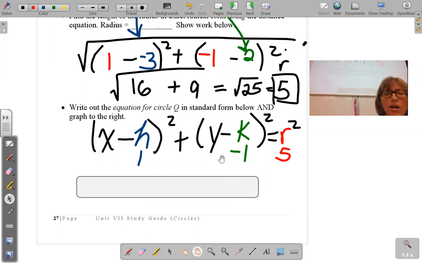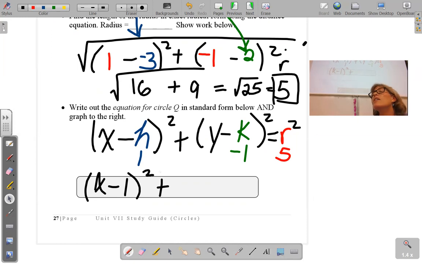Abby, what would the equation now read? What's x minus 1? X minus 1 is x minus 1. You can't do anything with that. X minus nothing, or 0, would just be x.